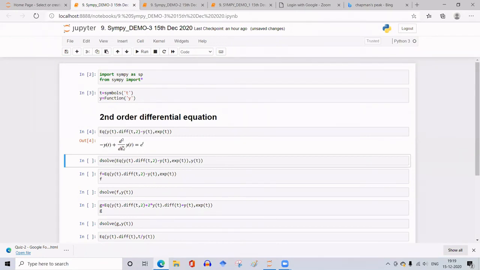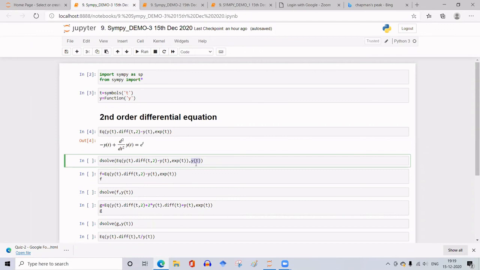To solve this second order differential equation, the function is dsolve. That is differential equation solution of whatever you have written here, you take it within the bracket. And what is the function you want to get the solution for? You want y of t as the solution for this second order differential equation.